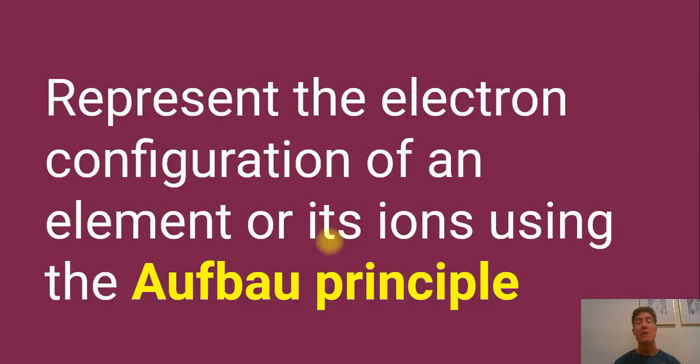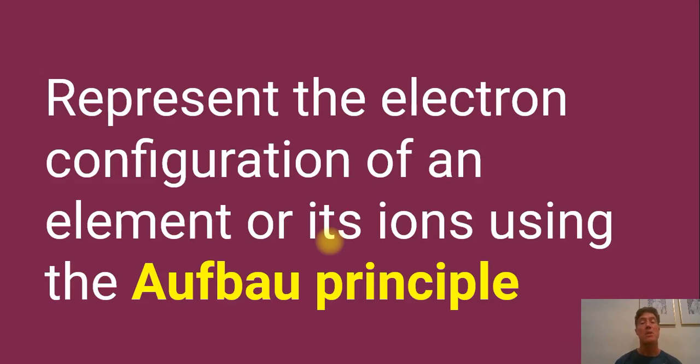So we're going to represent the electronic configuration of an element or its ions. Remember, ions are simply that element either gaining electrons, so it becomes a negatively charged ion, or losing electrons and thus becoming a positively charged ion, also known as a cation.